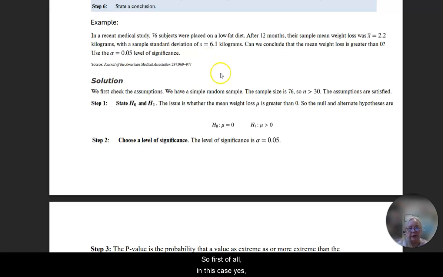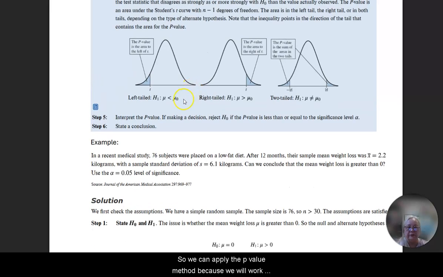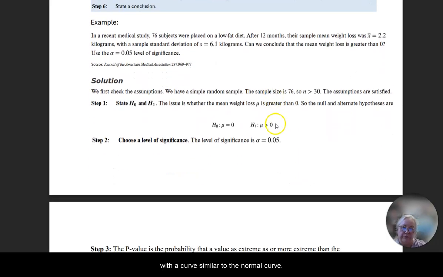So first of all, in this case, the sample size is large, 76, greater than 30, so we can apply the p-value method because we will work with a curve similar to the normal curve. So here we stated the H0 and H1 hypotheses.